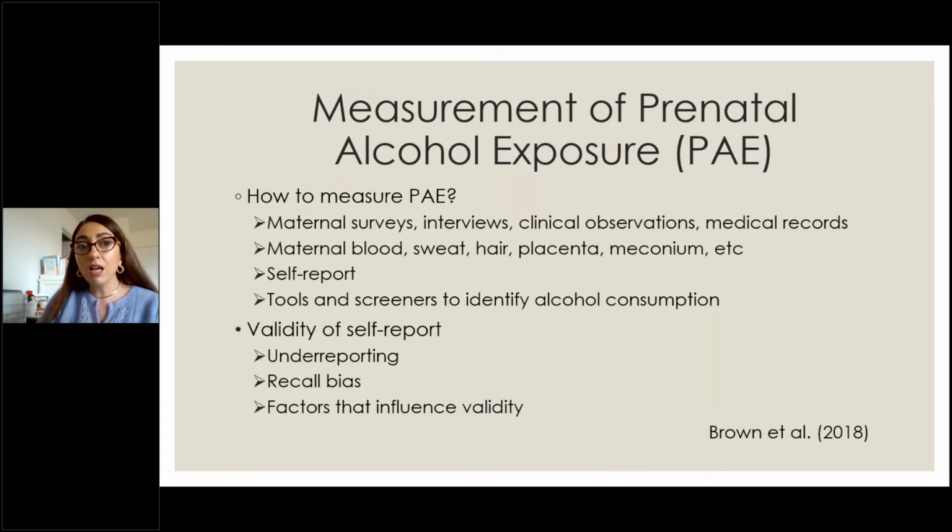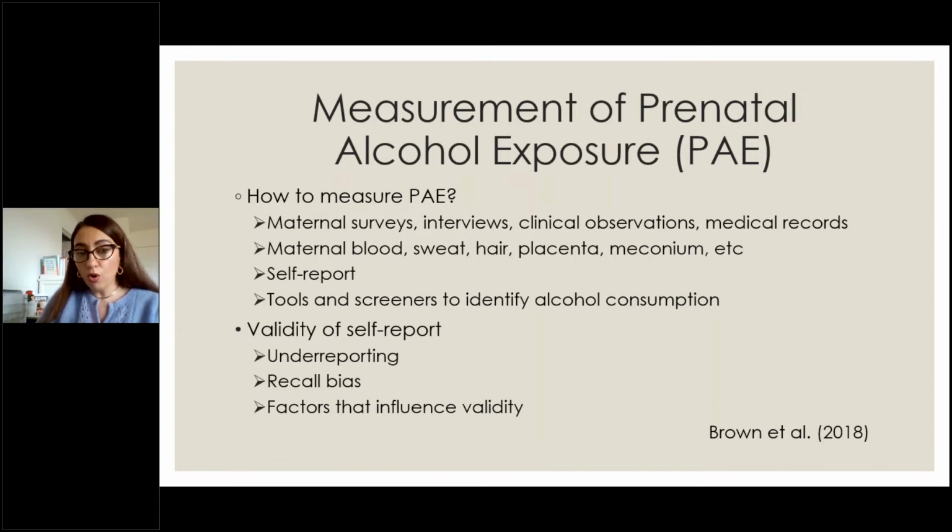When you ask about alcohol consumption in a very nice and appropriate way, you can elicit the best responses. Okay, I just wanted to mention that self-reports can be difficult. However, if done right, we can get some good information.